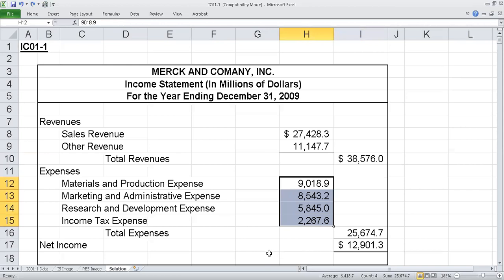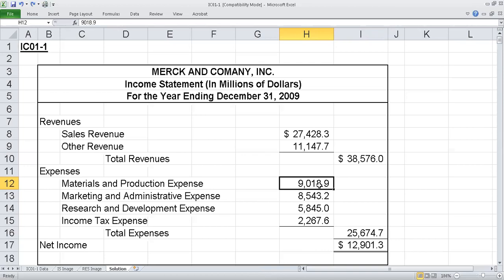In mathematics, if you're going to subtract, you put a minus sign. We don't do that in accounting. We just know that it's revenues minus expenses. We generally, with the exception of the statement of cash flows, which we'll talk about next week, do not use numbers in parentheses to indicate mathematical function.